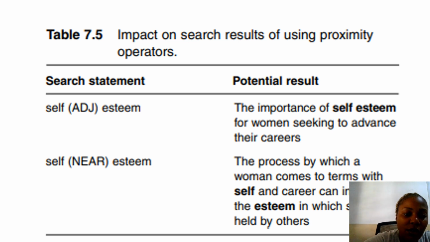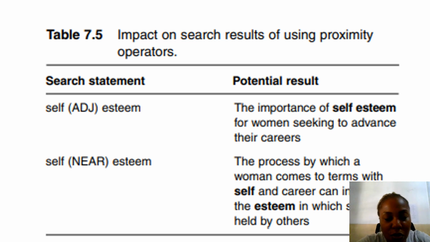And then you can also do this. You put self, then you put NEAR in capital letters. Remember, everything is in capital letters. Then you put esteem. So if you are doing time management, you can do the same. Between time and management, you put ADJ. Those are capital letters. Or if your papers don't come out, then you can use NEAR in between time and management.